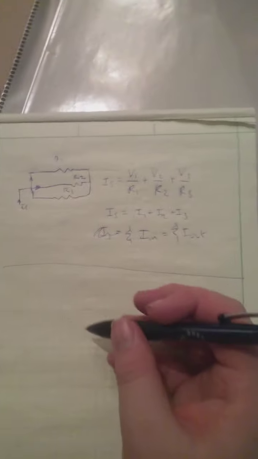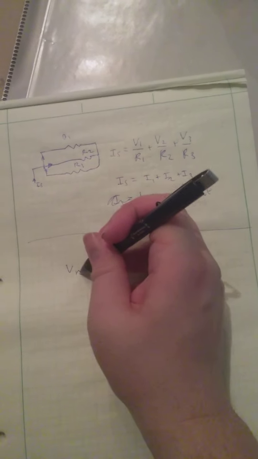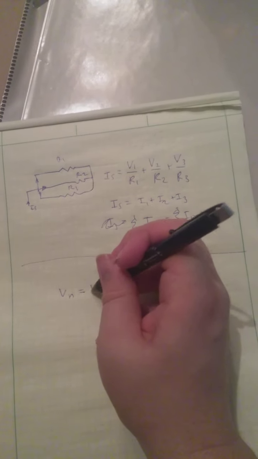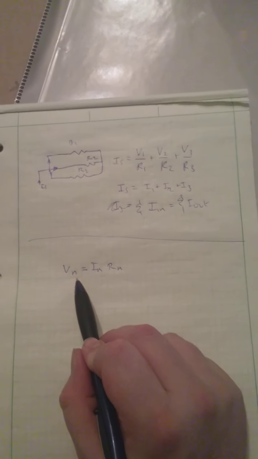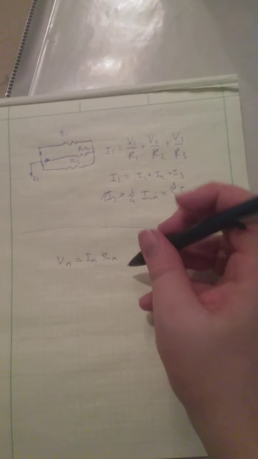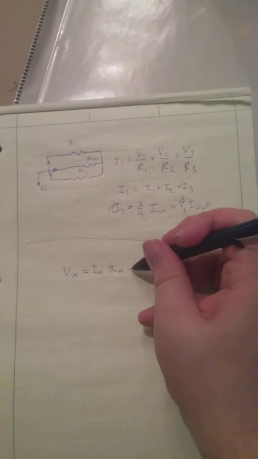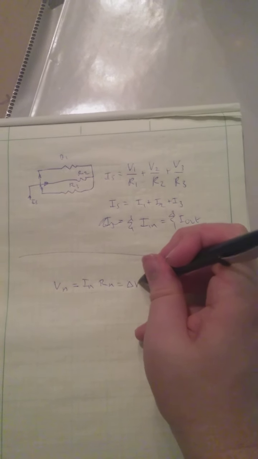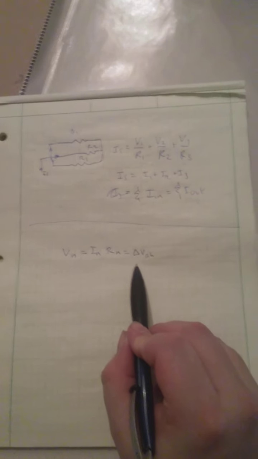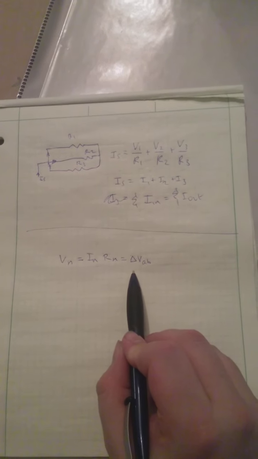Okay, so we know that Vn is equal to In Rn. Okay, we also know that all the V's are the same, right? So it's just equal to delta V A to B for the parallel circuit, right?